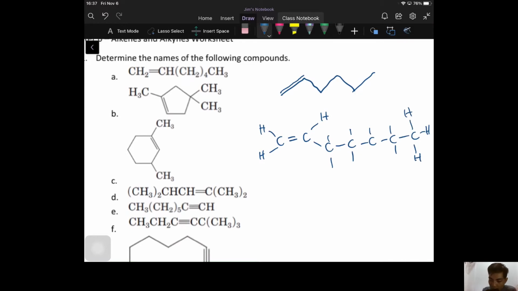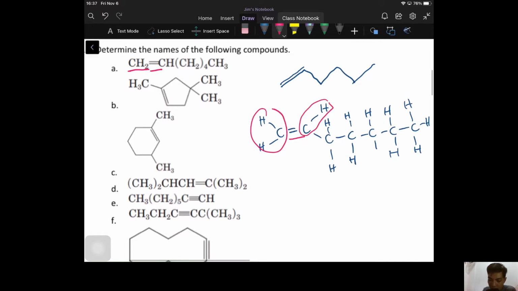Huwag nyo kakalimutan mag-draw ng Lewis structure, ha? Madali lang naman yung paggawa ng Lewis structure sa OrgChem. Pero pag sanay na kayo, kahit di nyo na gawin. Okay, so ito yung CH2. Ito yung double bond. Ito yung CH. Ito yung apat na CH2. Ay, kulang ng isang H. 1, 2, 3, 4.